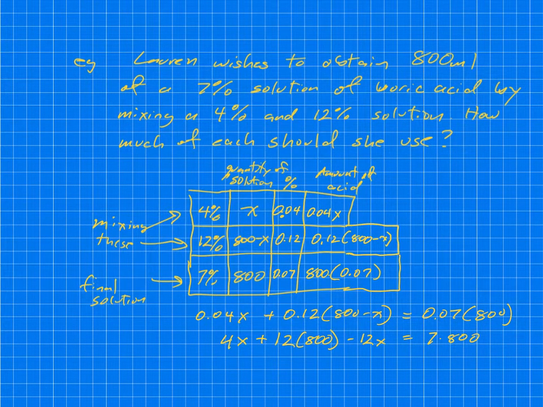I'm going to get 89600 minus 8x equals 5600.